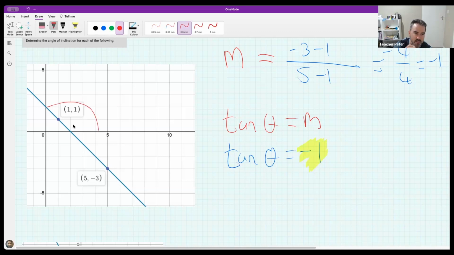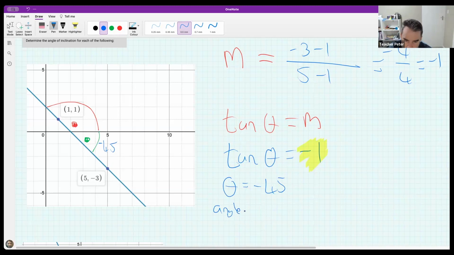There's that one, I'll call that the red one, but there's also the green one. So when I put this into my calculator, I'm going to get theta is -45, or it's basically going to be this angle over here.